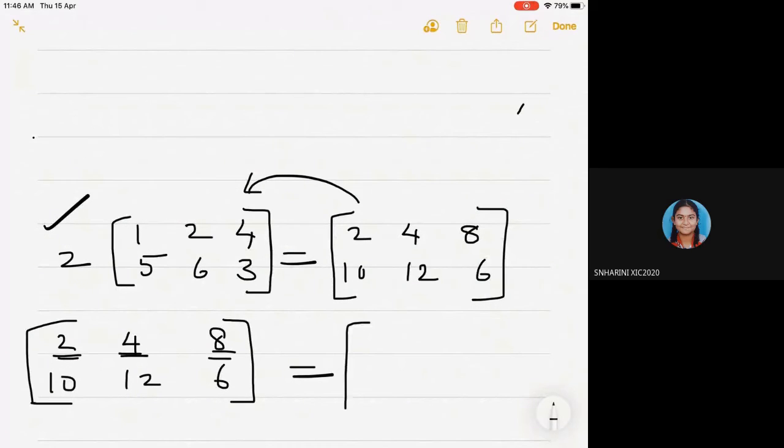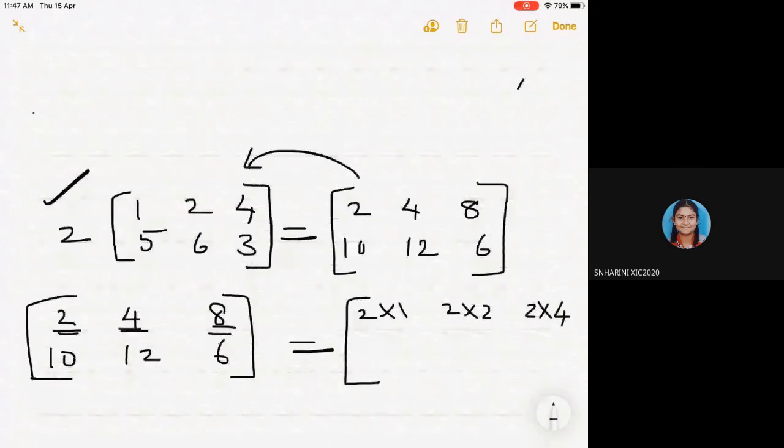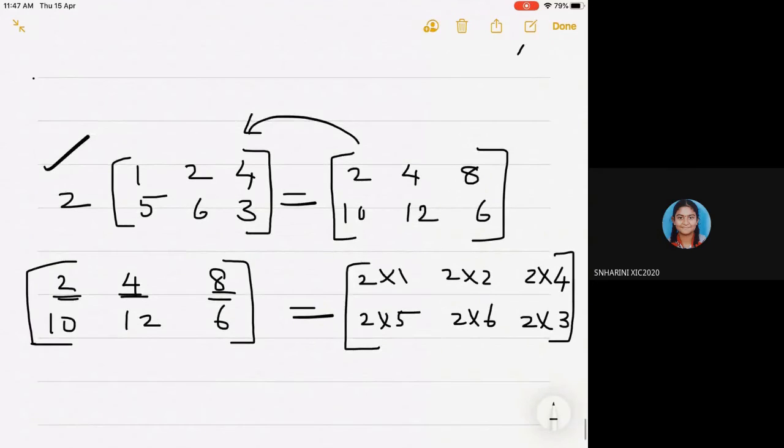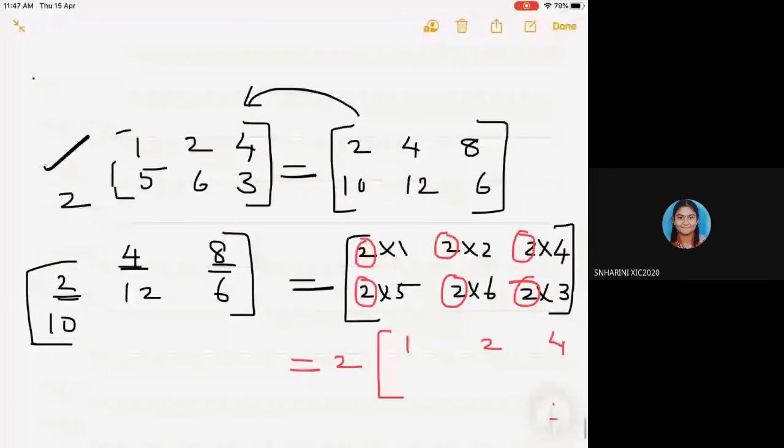So this is 2 into 1, 2 into 2, 2 into 4, 2 into 5, 2 into 6, 2 into 3. 2 is a common factor in every element, so you can take that 2 outside and write it as 1, 2, 4, 5, 6, 3.